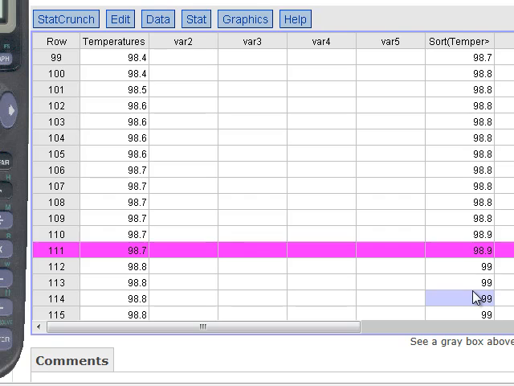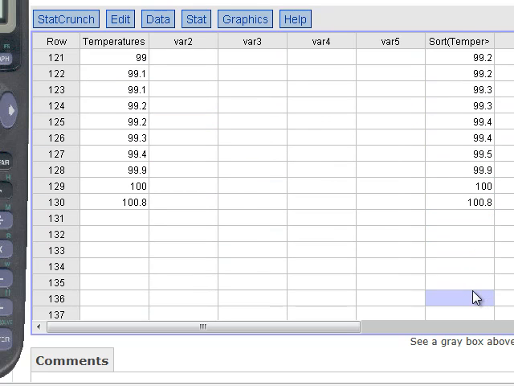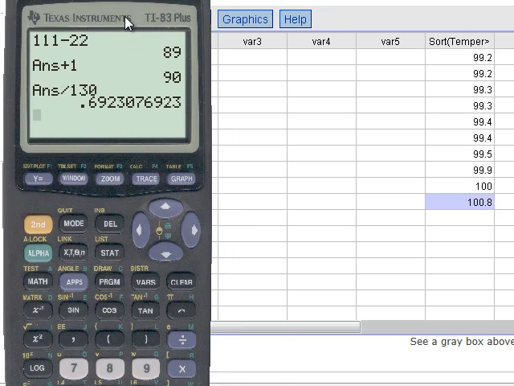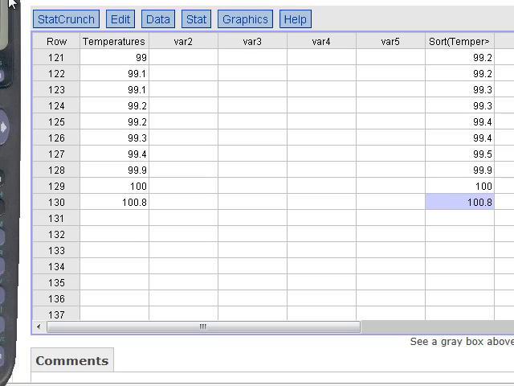So we have to see how many values we had to begin with. We had 130. And so I'm just going to do 90 divided by 130. And I get 69.2%, which you have to admit is pretty close to our theoretical model at 68%. And we can do exactly the same thing with the other one. It was above 99.66, I believe.